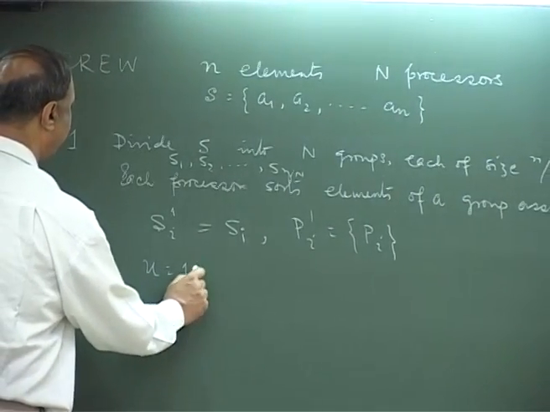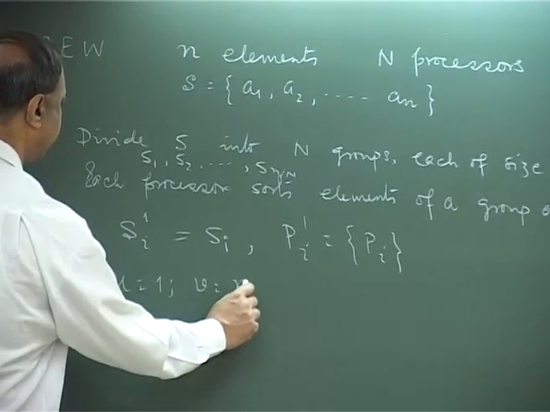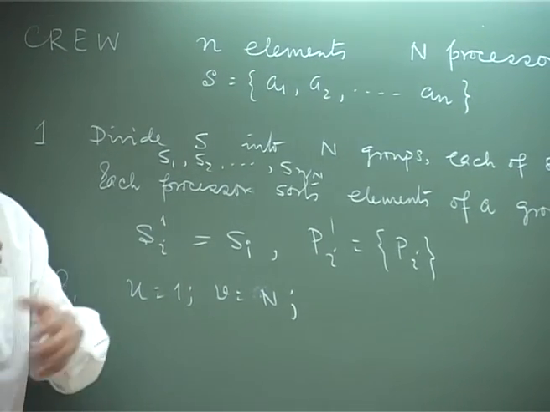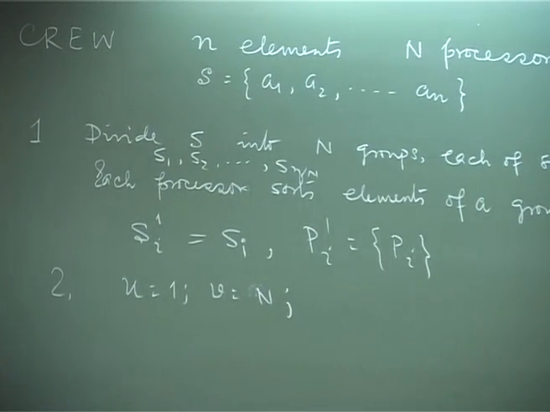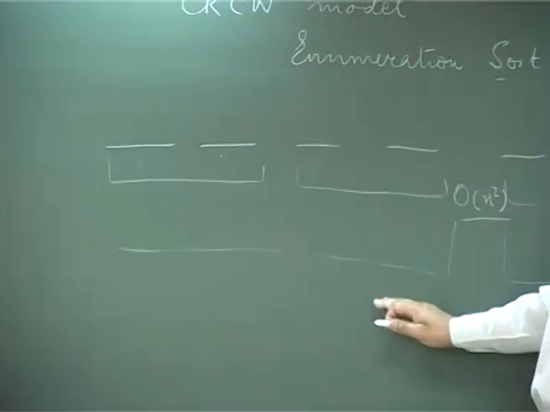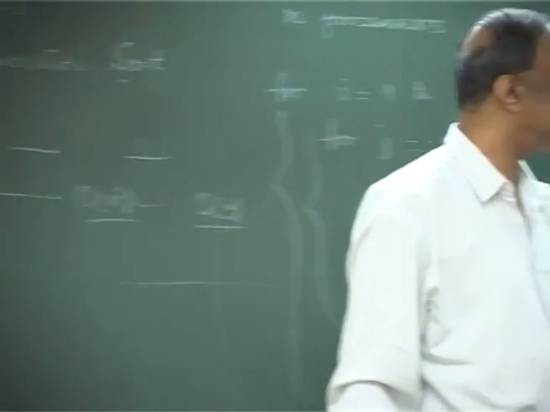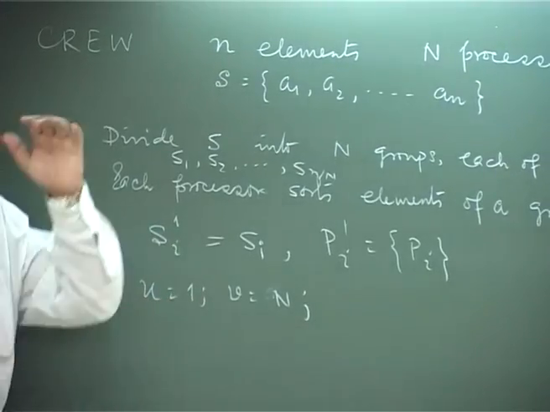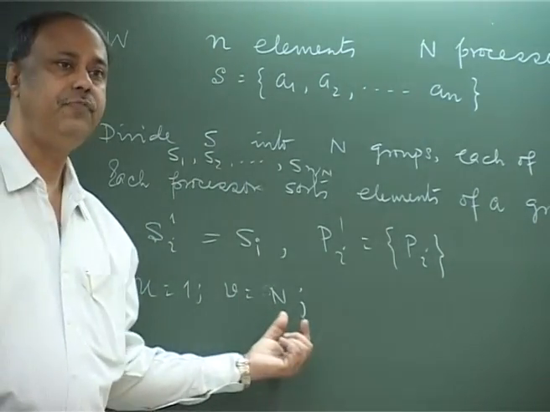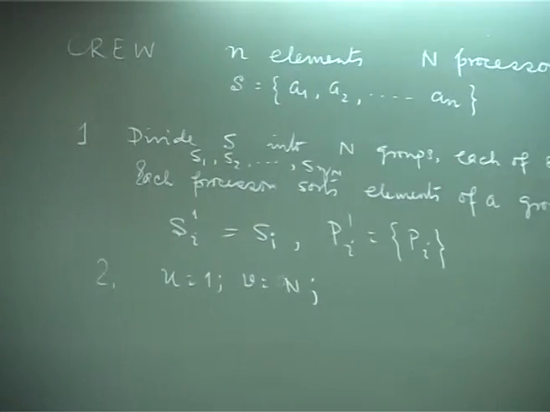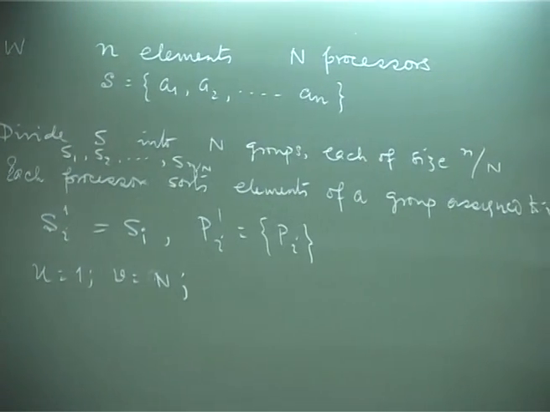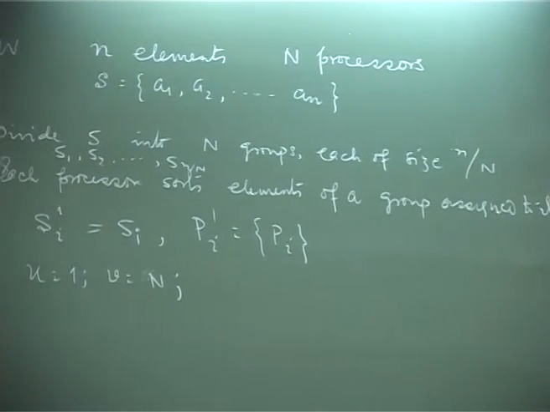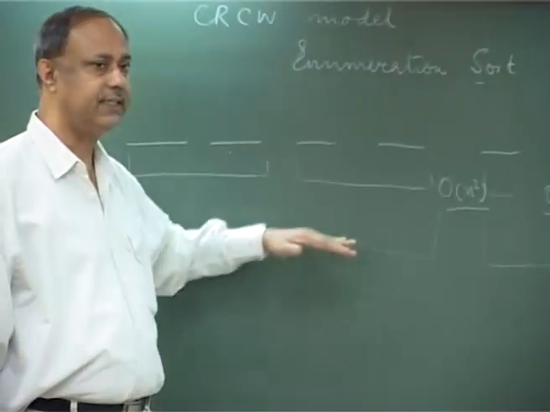Here u and v are parameters. u gives the stage number, and it is initially 1. v is the number of iterations you have to do, that is, you need to do log n iterations: first, second, third, up to log n.